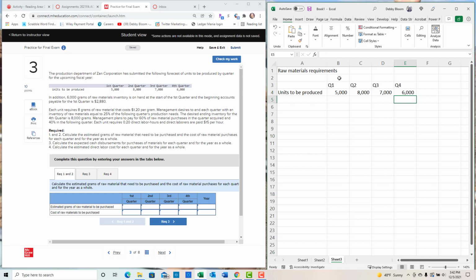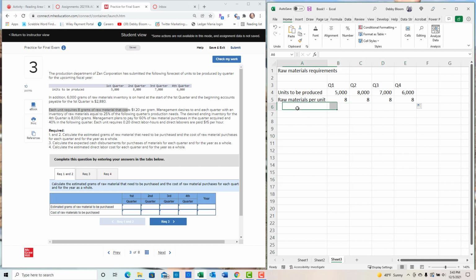Now we need to multiply that by the requirements for each unit of raw materials. Each unit requires 8 grams of raw materials, so we're just going to put 8 all the way across here.